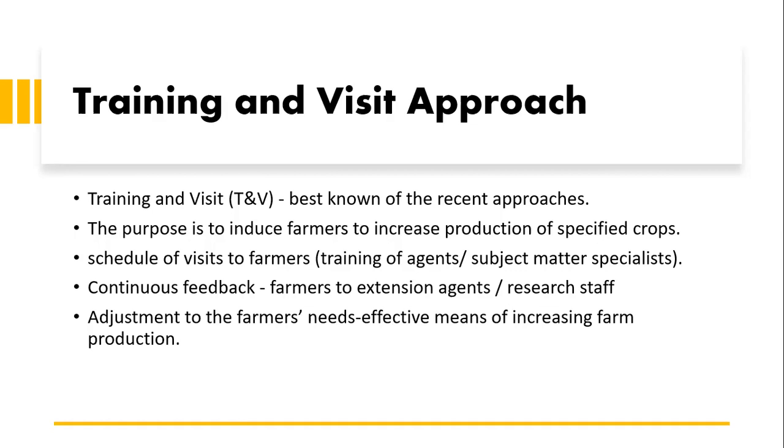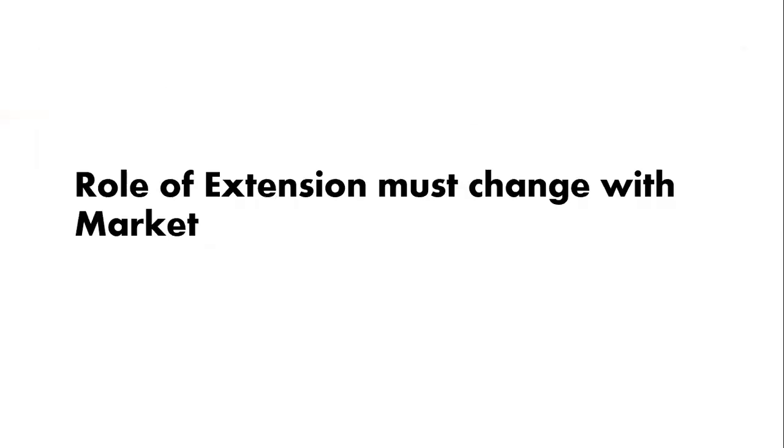Other medium and small scale farmers are not benefiting from the T&V approach, and although it takes continuous feedback, the effectiveness is comparatively low, and it is not giving correct results for the current agricultural ecosystem, marketing ecosystem or business ecosystem, right?